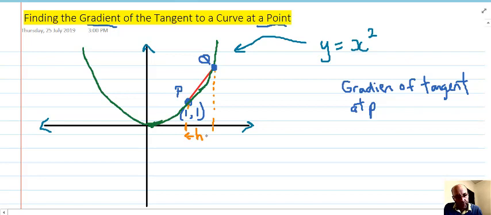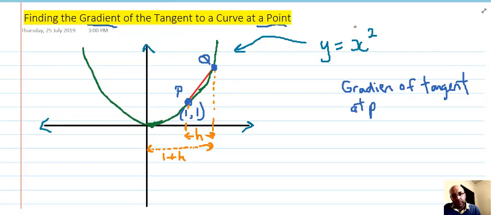It's a convention, so I'm going to do that as well. So that is h, that gap. All the way out to here, that distance will be 1 plus h, won't it? Because we've got the given point (1, 1).